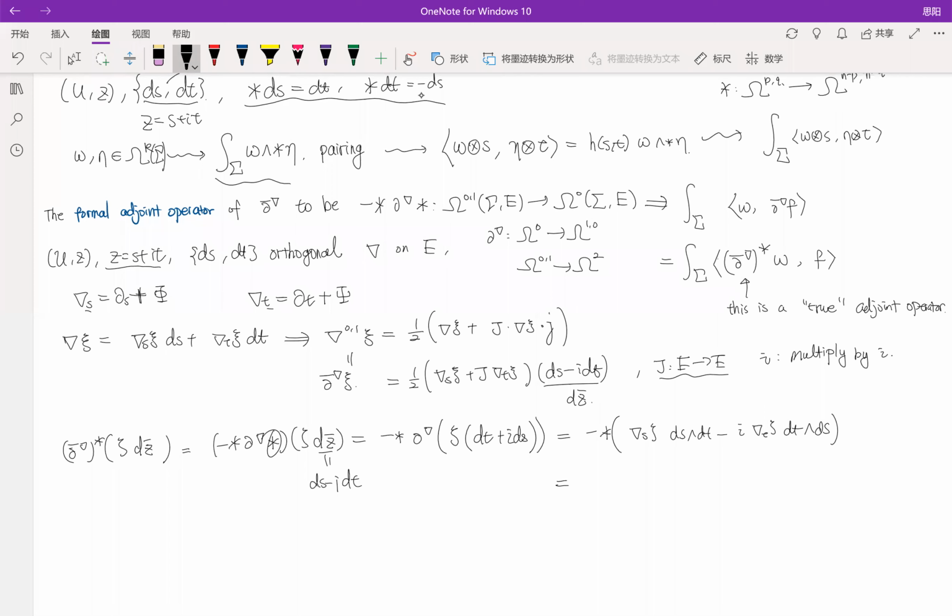And finally we obtain minus ds to c plus I dt to c.